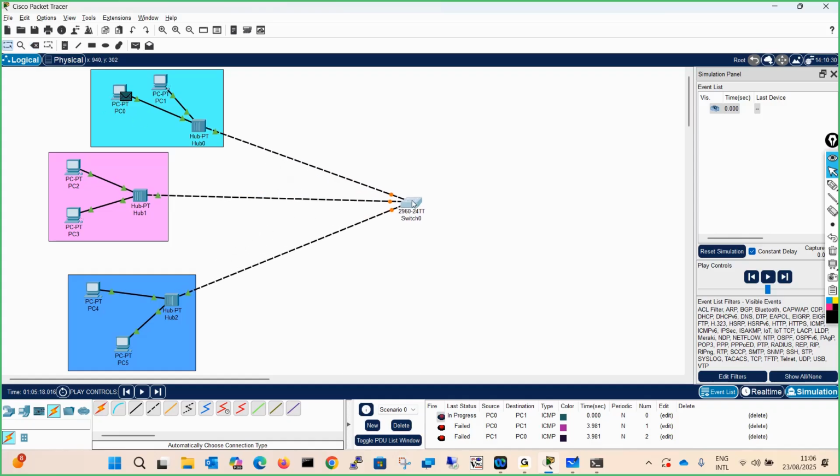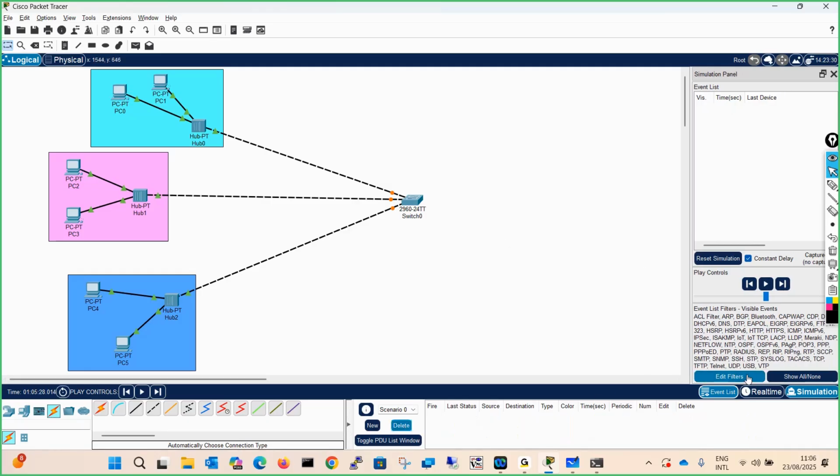Connect the switches. Everyone has connected the switch. Let me delete this. Okay.